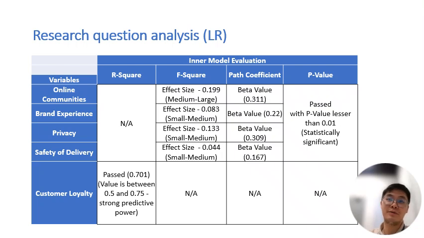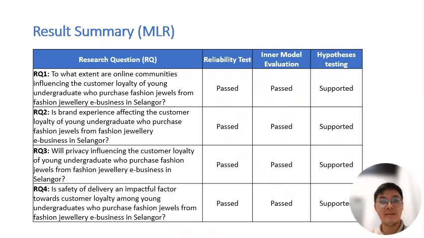And when it comes to path coefficient, we can see that each of them is able to explain, or in fact influence, customer loyalty. So it's all good.